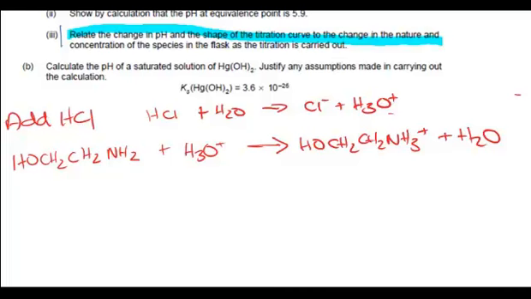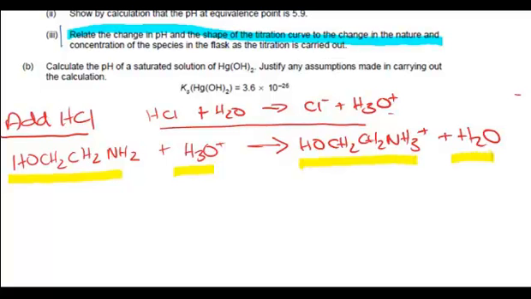Now, as we add hydrochloric acid, HCl obviously, when that's put into water, produces hydronium ions and chloride ions, so it's the hydronium ions that are going to be doing the reacting. And what we'll have here is this equation, so you need to write these equations really. This will be the base reacting with the acid, and that's going to produce the conjugate acid and water.